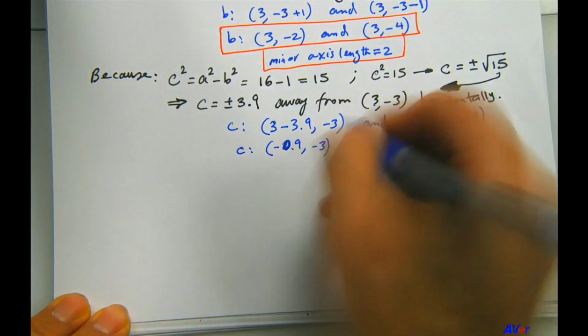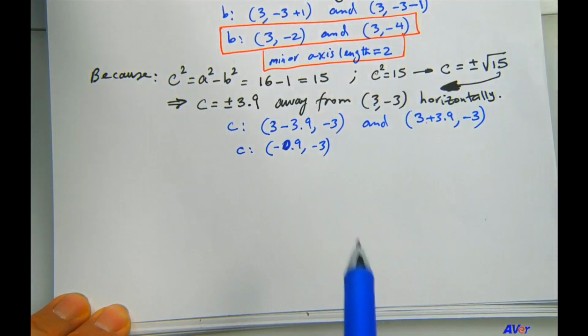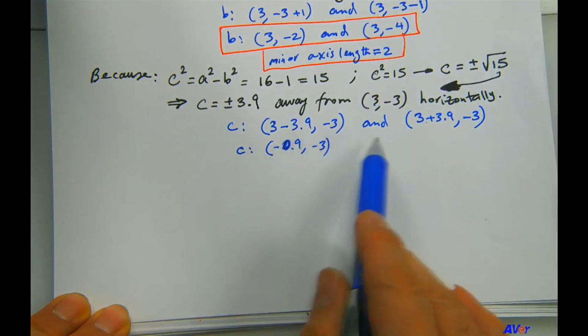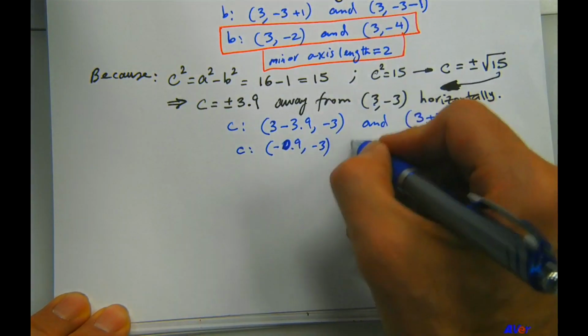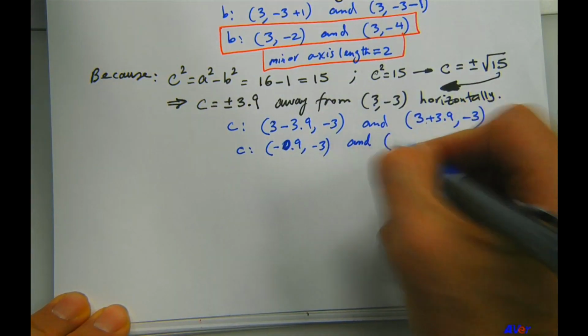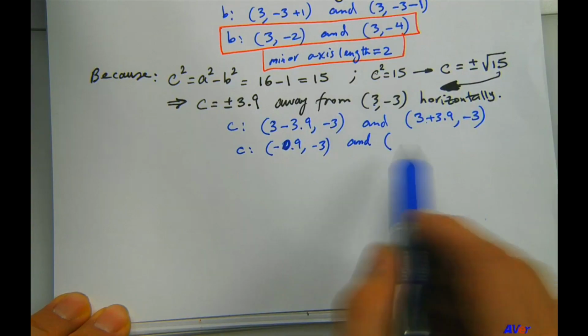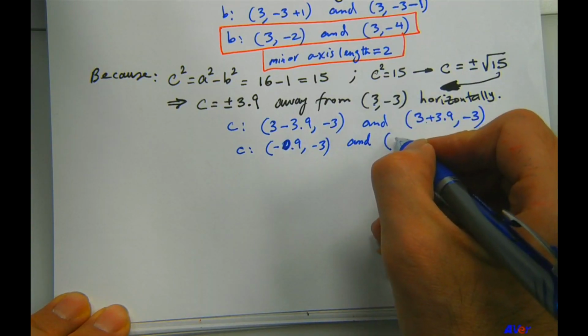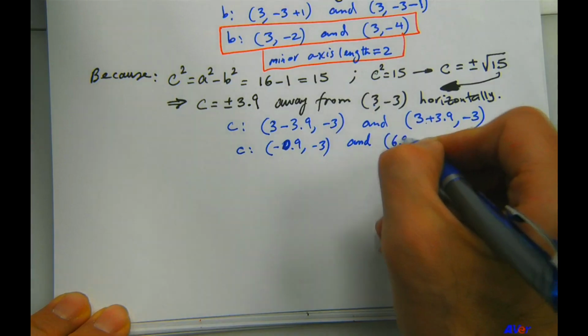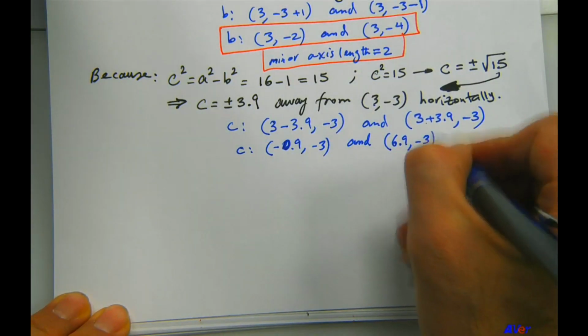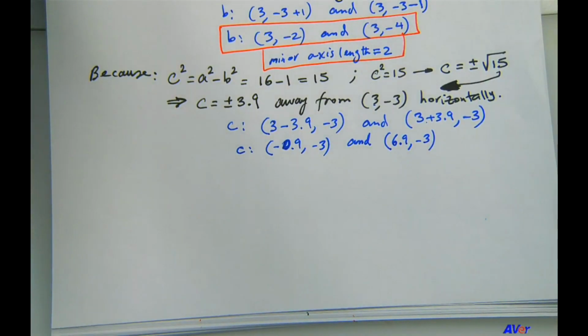Minus 3, and here we have 6.9 comma negative 3. Okay, so let's plot these points. We have everything we need.